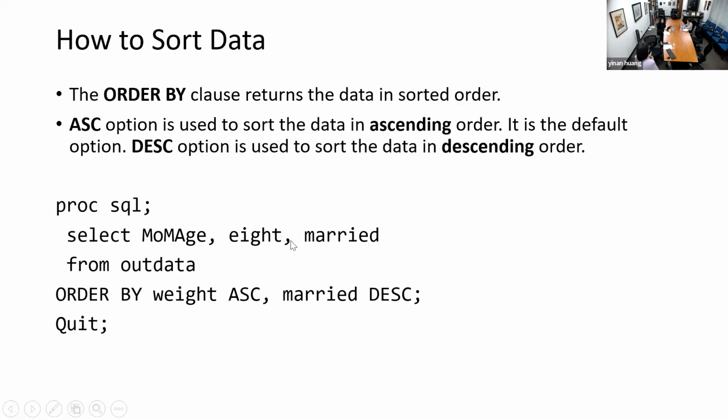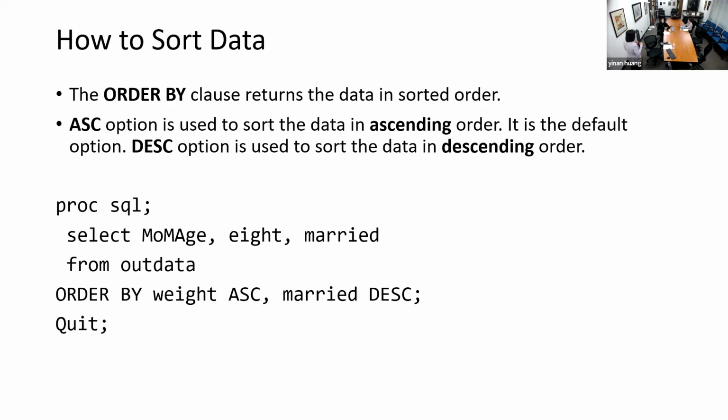This order by statement is really similar to what we have learned in SAS proc sort. It can also specify ascending or descending, by writing ASC or DESC, and it's going to return the table in a sorted order.